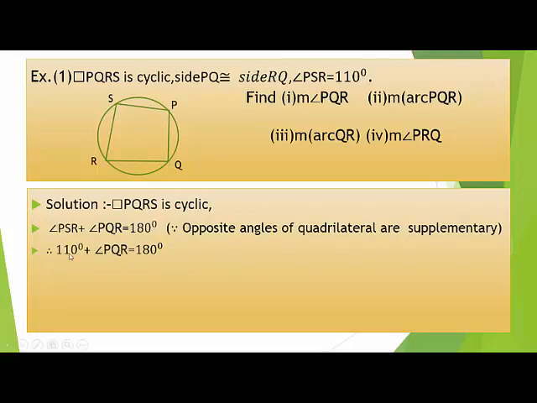We know angle PSR is equal to 110 degrees, so put this value here. 110 degrees plus angle PQR is equal to 180 degrees. Therefore, angle PQR is equal to 180 degrees minus 110 degrees. By simplifying this, angle PQR is equal to 70 degrees.